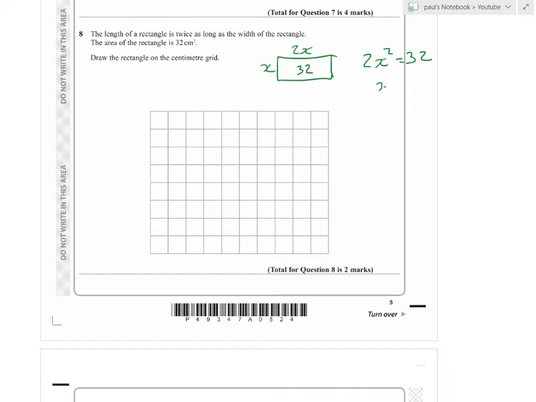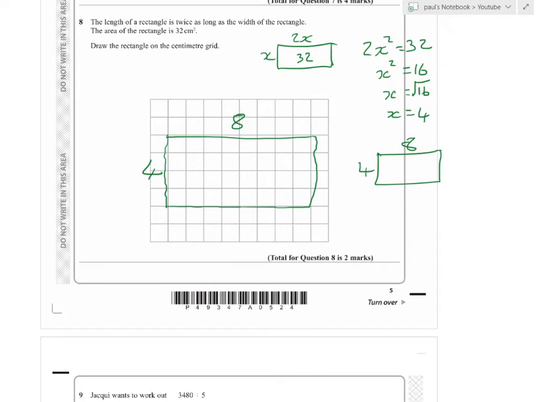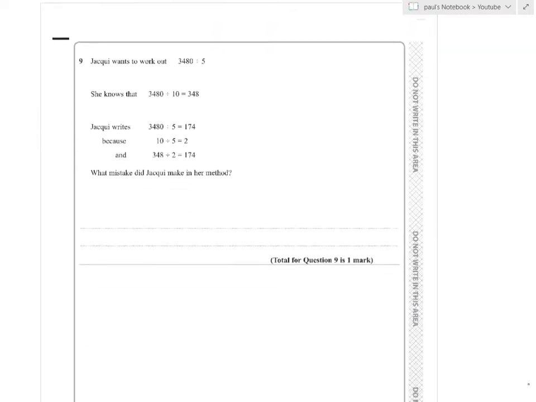So divide by 2, x squared equals 16, square root x equals the square root of 16, so x equals 4, so therefore the sides are 4 and 8. So 1, 2, 3, 4, 1, 2, 3, 4, 5, 6, 7, 8, up there and along there, yeah? So that's 4, that's 8.